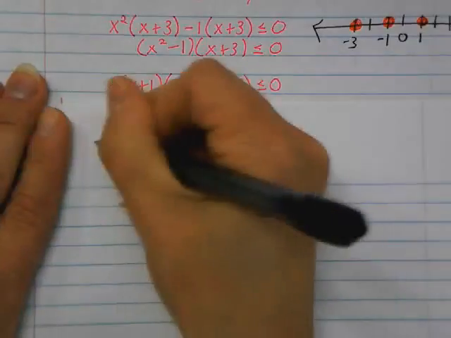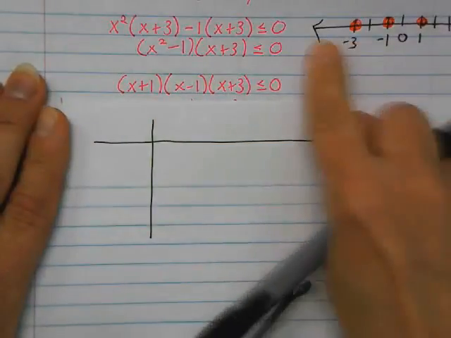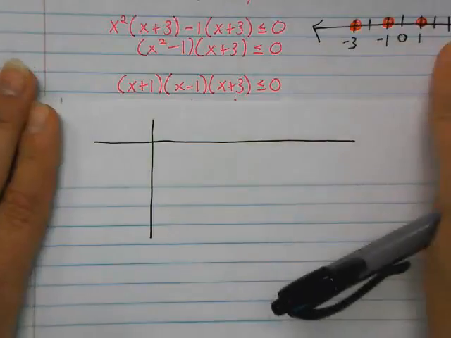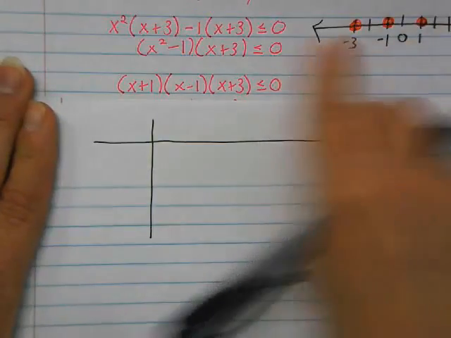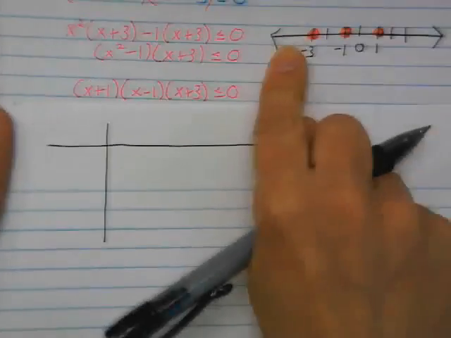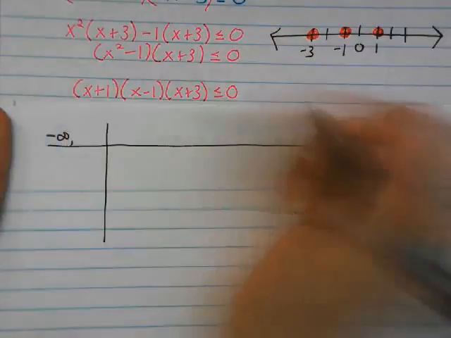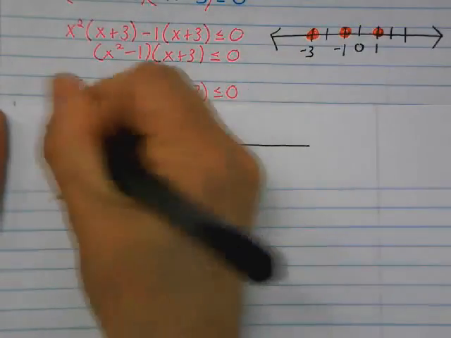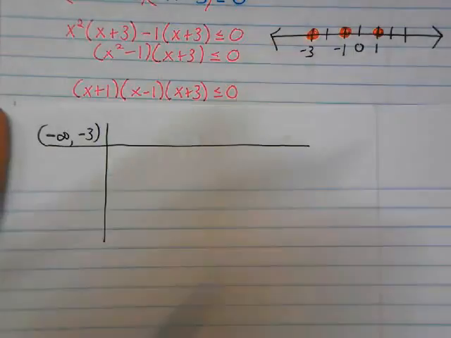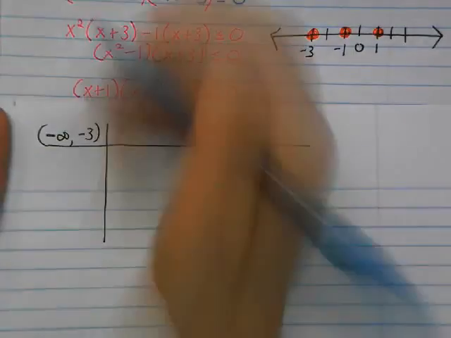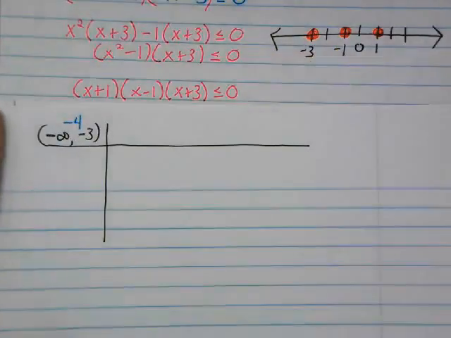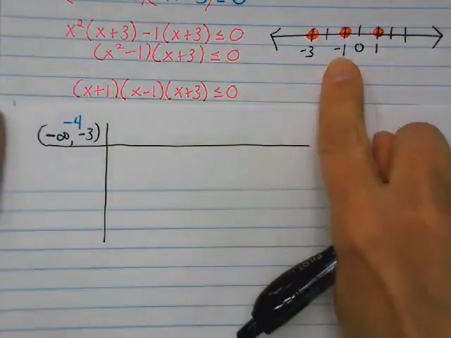So this first interval is from negative infinity to negative 3. So what's a good number that's less than negative 3? Let's pick negative 4. My next interval is between negative 3 and negative 1. So pick a good number there.